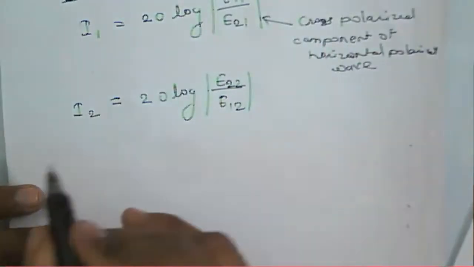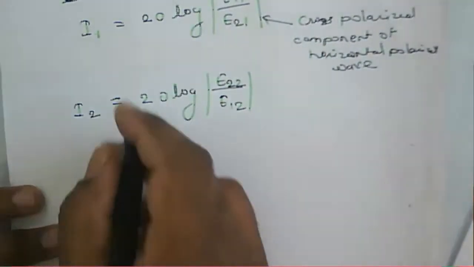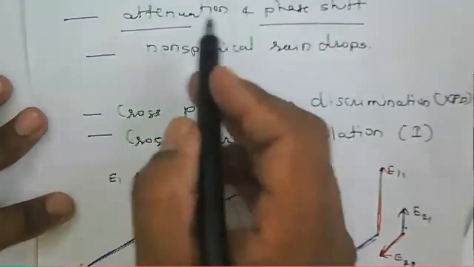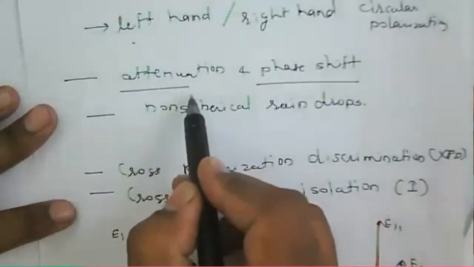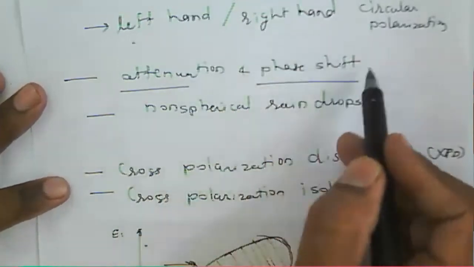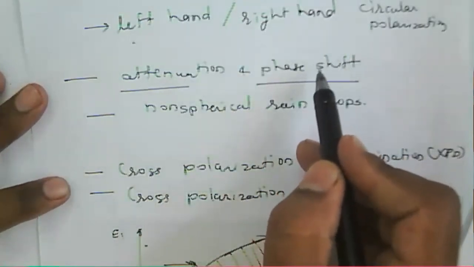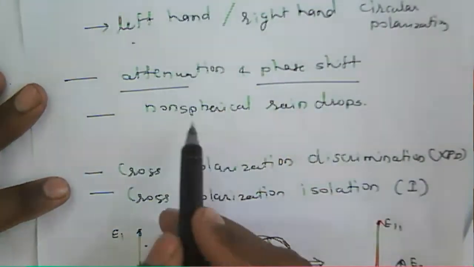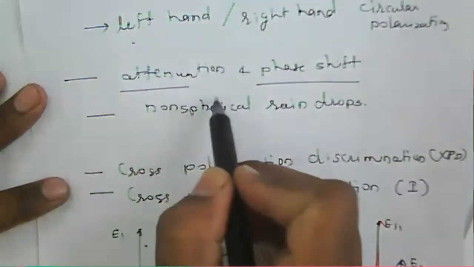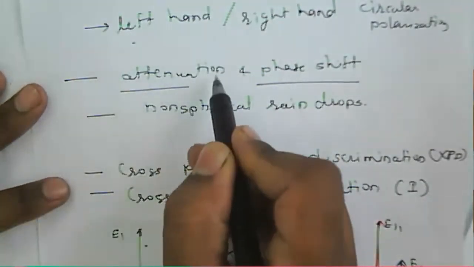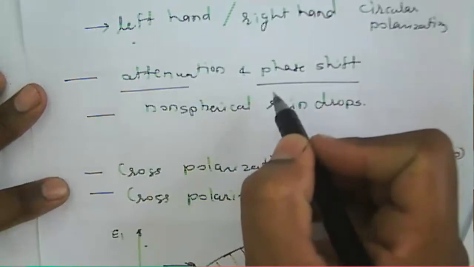So when you transmit a signal, it gets attenuated, attenuation occurs, as well as there will be changes in the phase shift. But attenuation means what? Signal reduction, signal degradation, signal level received at the receiver.